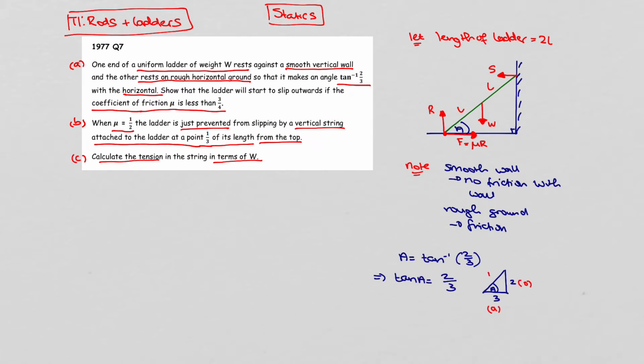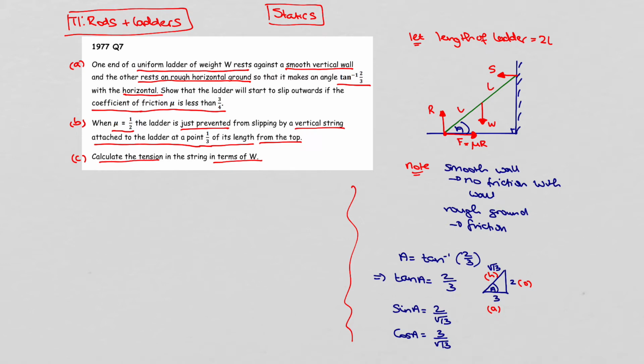By using Pythagoras, we can work out that the hypotenuse is the square root of 2 squared plus 3 squared, which is root 13. Therefore sine A is opposite over hypotenuse, so that's 2 over root 13. And cos A is adjacent over hypotenuse, which is 3 over root 13. So now we have all our information set up.